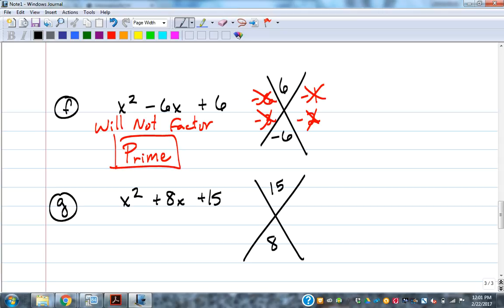Set up my x. Hopefully you're already past that.